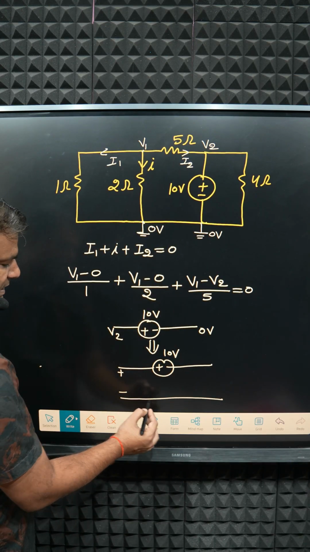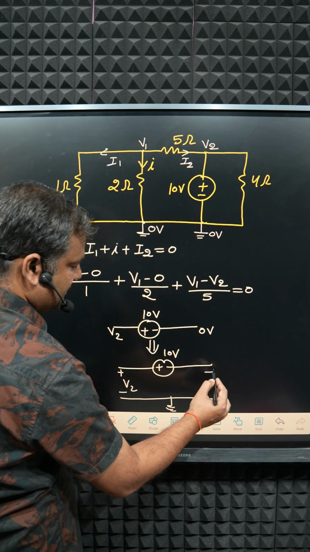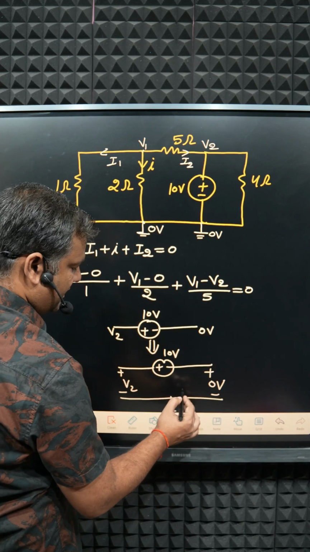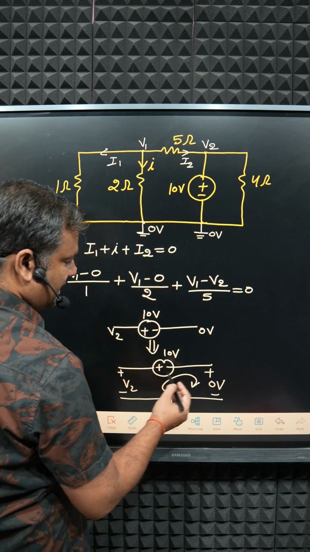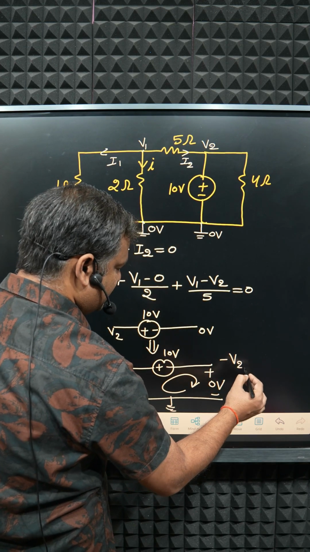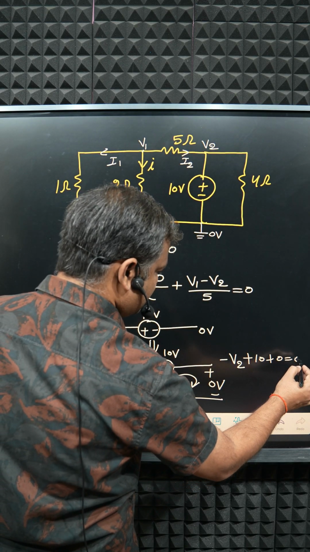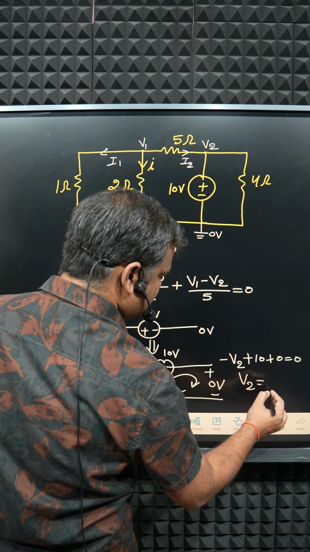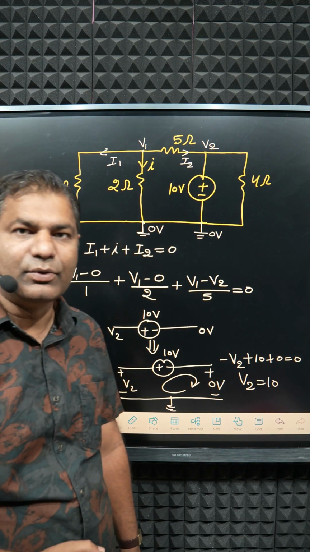V2 means plus here and minus here with respect to ground, and this one is basically 0 volt. Now apply KVL in this loop: minus V2 plus 10 plus 0 will equal 0. So V2 will equal how much? 10 volt. Clear?